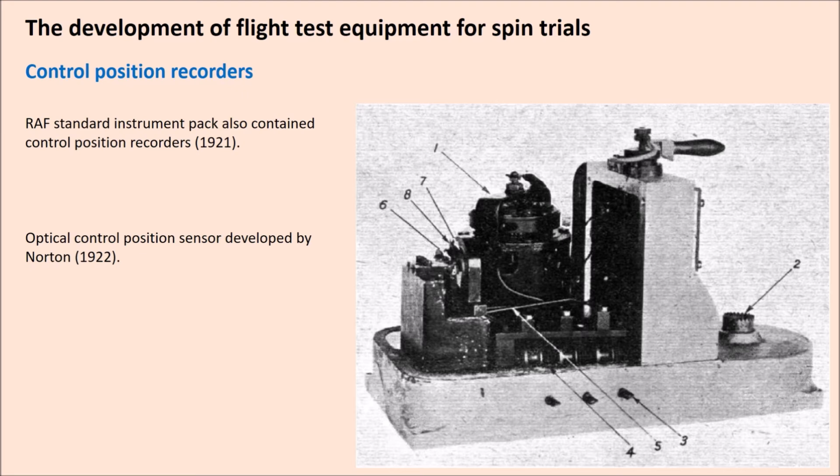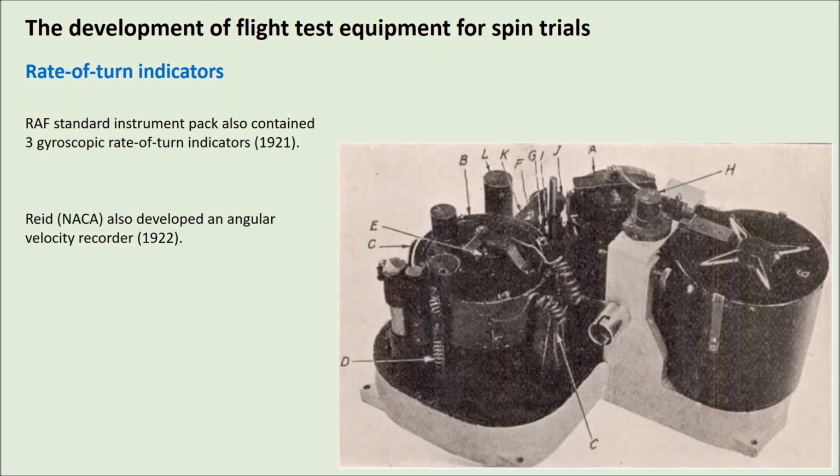Control position recorders were vital for demonstrating different types of spins, as we've discussed earlier. So next we're going to discuss rate of turn indicators for analyzing angular velocity. Well, the RAF, again, for this standard instrument pack, also included three gyroscopic rate of turn indicators, which you can see in the sketch here on the slide.